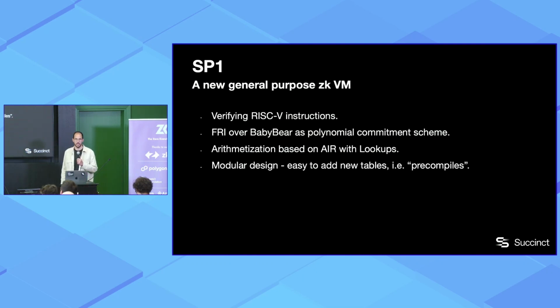The arithmetization is based on an AIR, or as you would know it, a STARK, with lookups, so a STARK AIR with randomness. And one of the key principles is to have a modular design so that it's really easy to add other tables, or as we call them, precompiles.